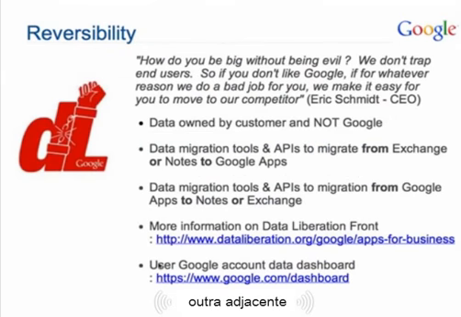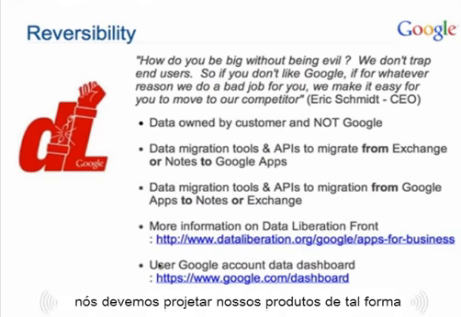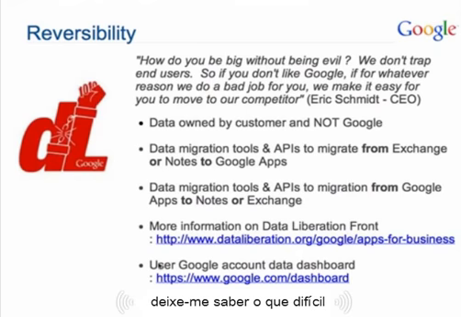Another adjacent design principle is the notion of reversibility, which is really no more complicated than the idea that because your data belongs to you, we should design our products in such a way that it be no more difficult for you to extract your data than it was for you to enter it in the first place.